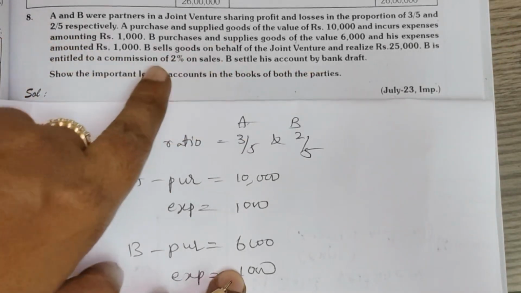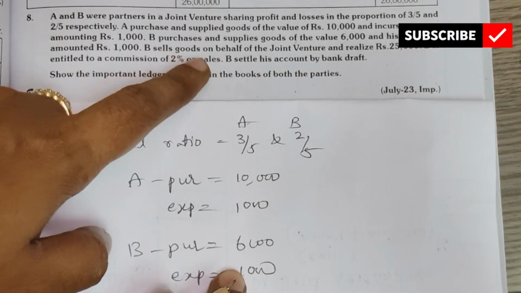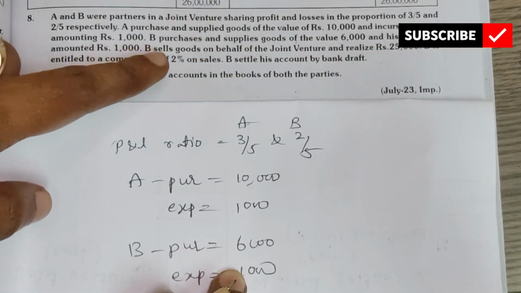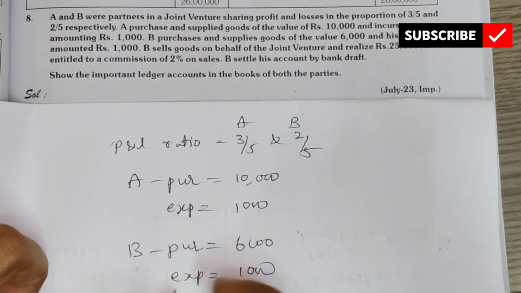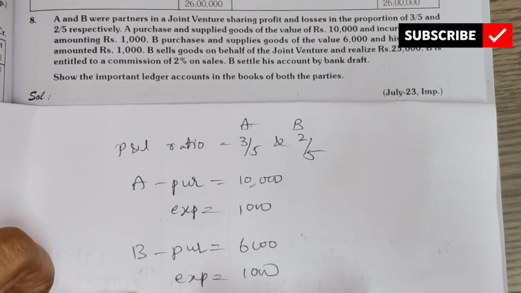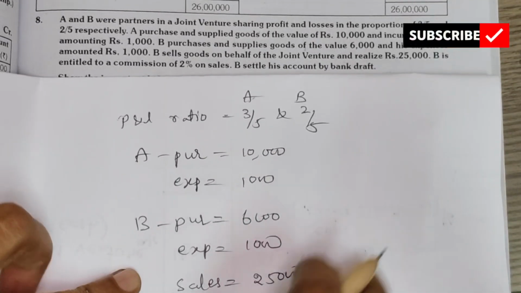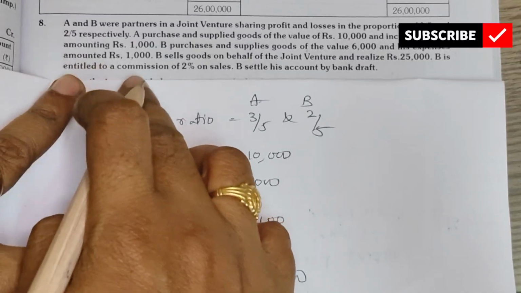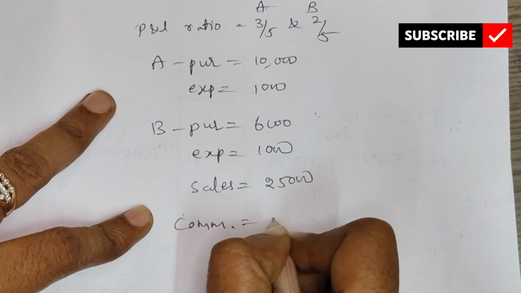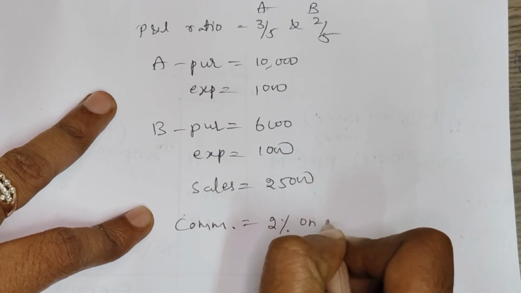And next, B sells goods on behalf of the joint venture and realizes 25,000. Who is selling the goods? B. So B's sales are 25,000. And B is entitled to a commission of 2% on sales.